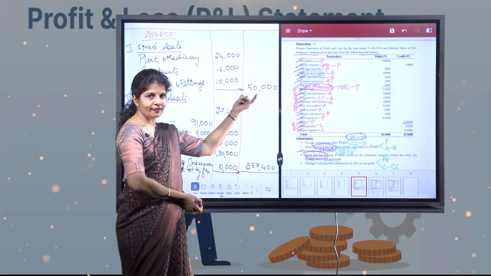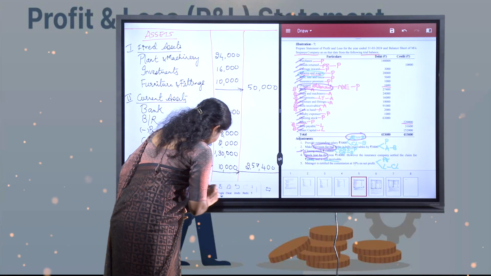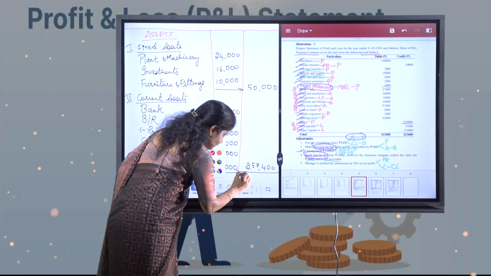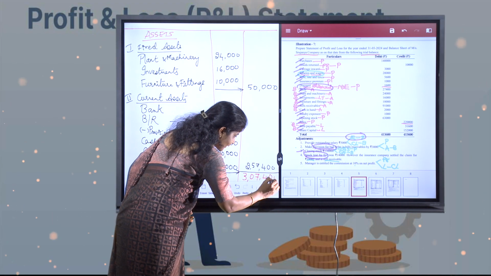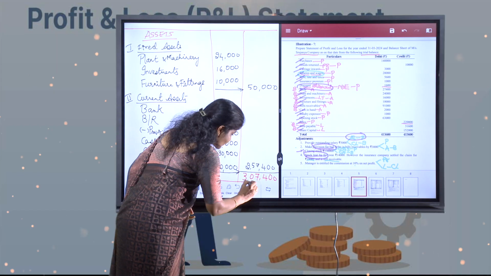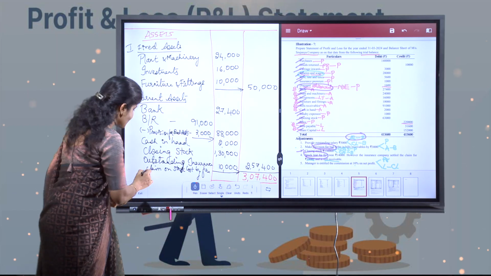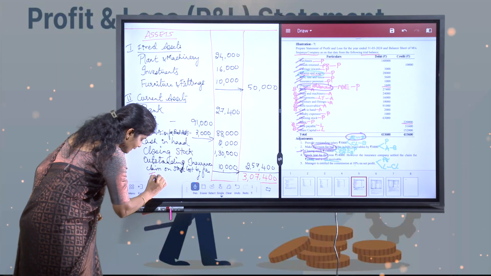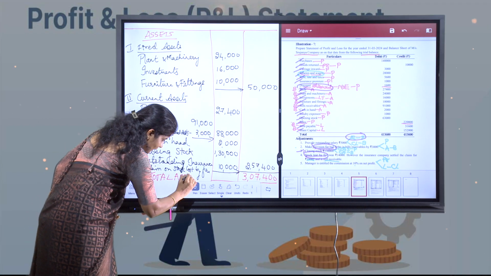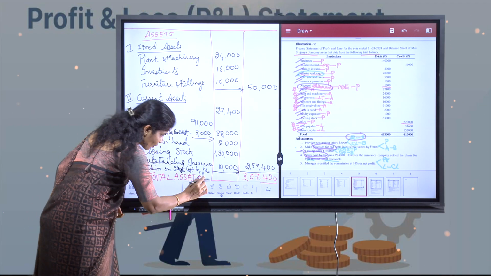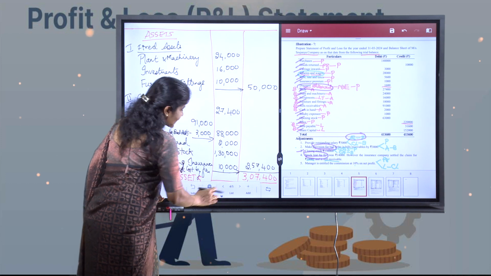Now take the total. 2,57,400 plus 50,000 is 3,07,400. This 3,07,400 is the total assets. Let us see the amount of total liabilities.